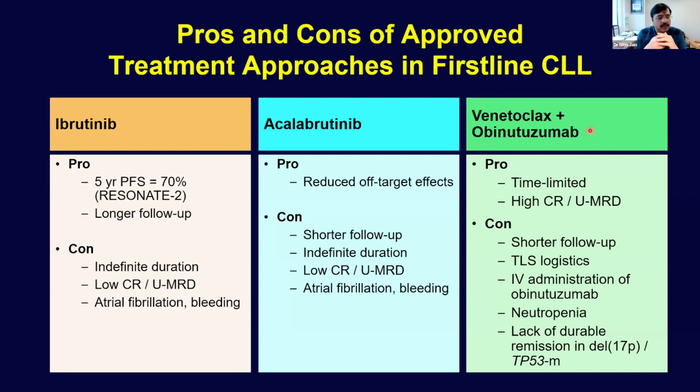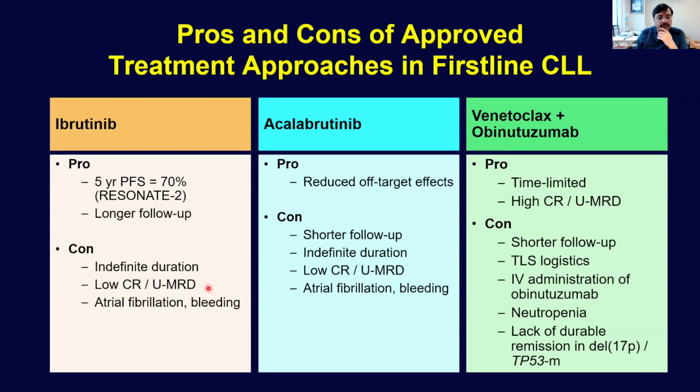So in the next maybe 5 minutes or so, I just want to first recap what we talked about. The 3 treatment approaches in the frontline setting, targeted therapies, are Ibrutinib, acalabrutinib, and ven obinutuzumab. There are pros and cons of these approaches. With Ibrutinib, we have the longest follow-up for these patients.